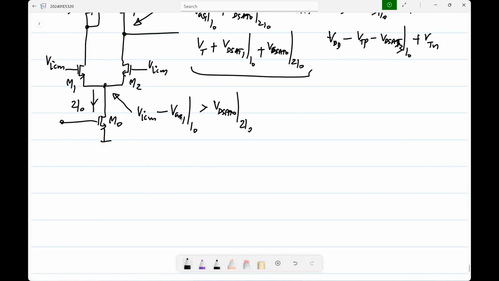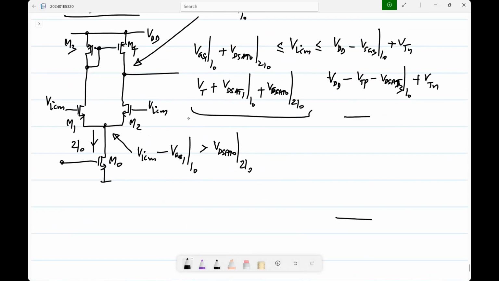Now if you look at the available room between 0 and VDD, is the upper limit closer to VDD or the lower one closer to 0? They are the same distance? Which side do you lose more? You can't go all the way to VDD, and similarly, you can't come all the way to ground. So which side are you losing more? Towards ground.